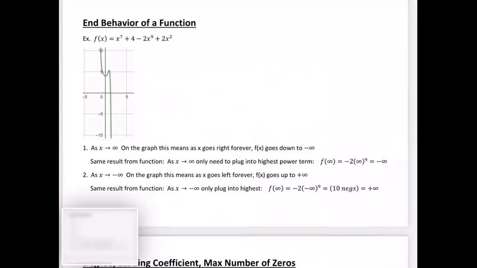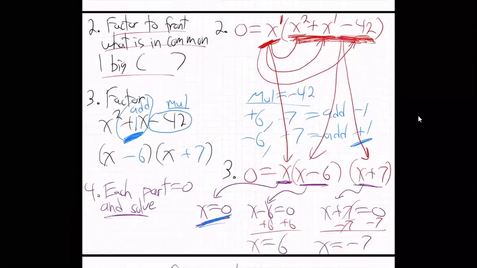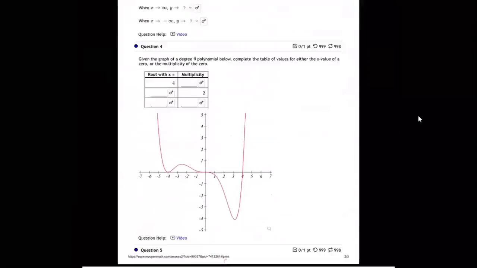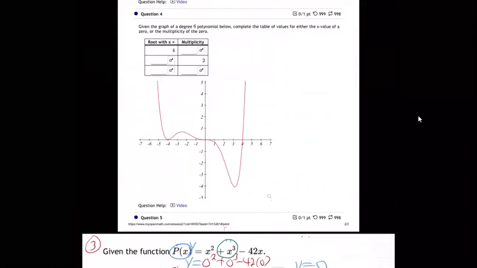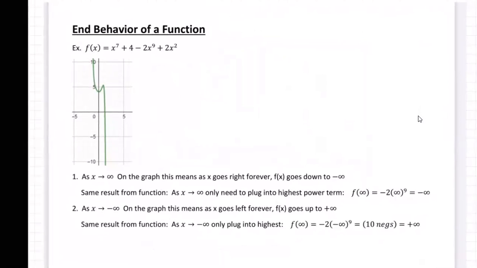How do you find the end behavior of a function? Well, I'm giving you the details right here. As x goes to infinity, on the graph, this means x goes right forever.